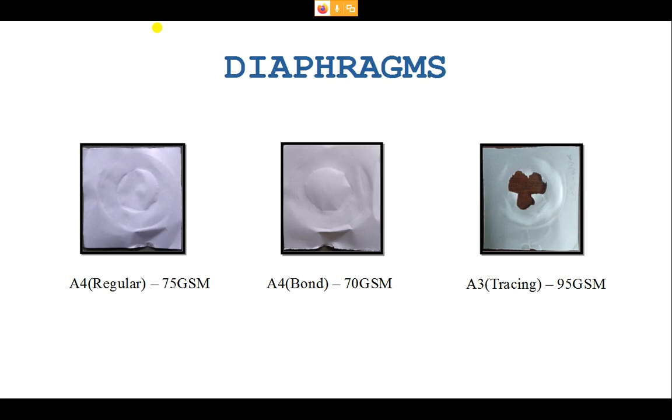So it could not hold the pressure, and that is why it could not rupture. We discarded these as diaphragm materials and started working with the tracing paper and other materials, because those gave us results.